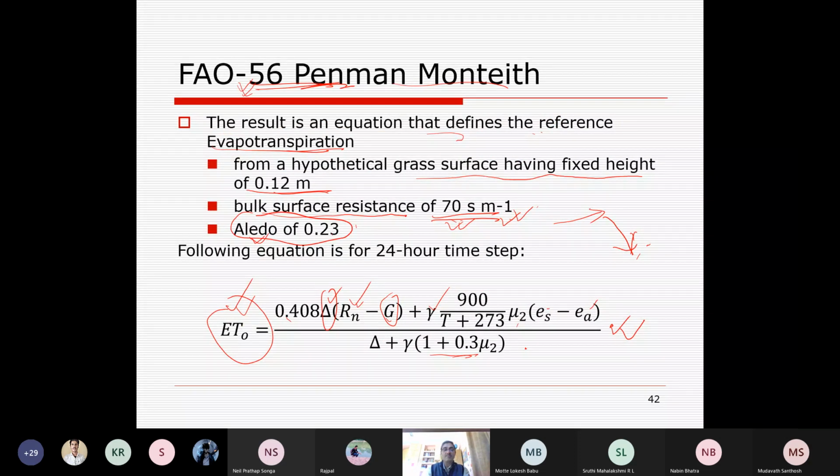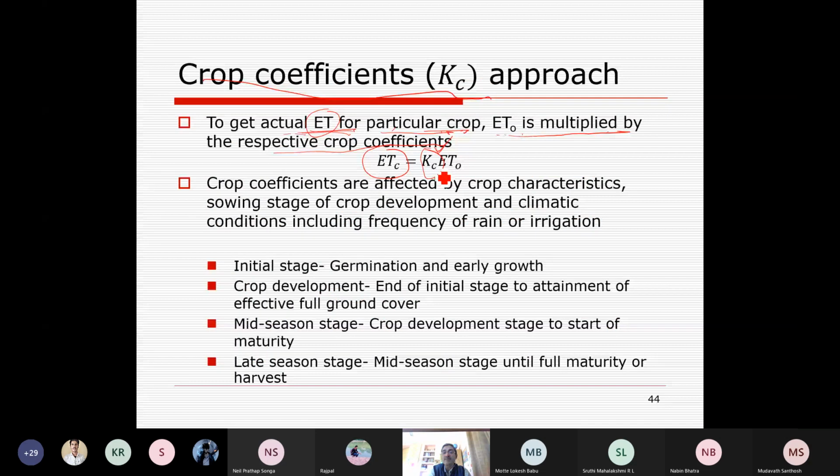We need to find out for a particular crop the actual ET, simply multiplied by a coefficient for the particular crop. That is simply a multiplier of crop coefficient to reference evapotranspiration.